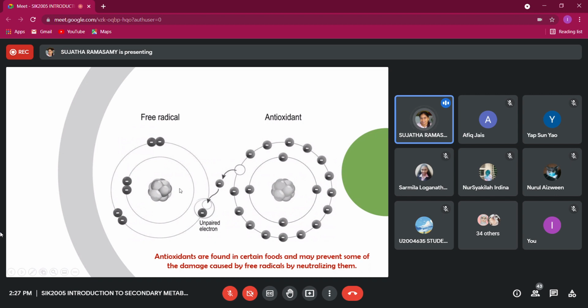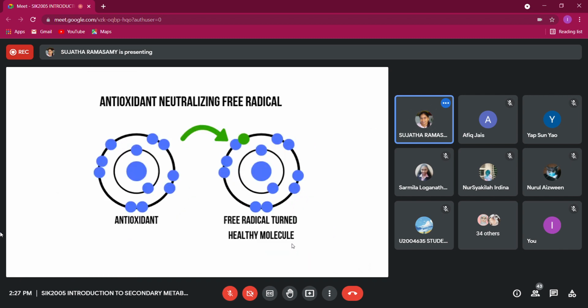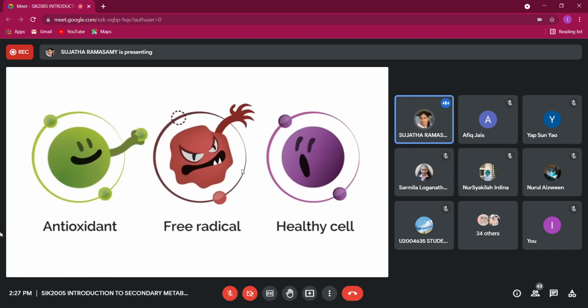So now the free radical is happy, the antioxidant is also happy, your body is happy, and we are happy. Antioxidants help to neutralize the free radical, and the free radical turns into a healthy molecule. So these are the story of three molecules: antioxidant, free radical, healthy cell.